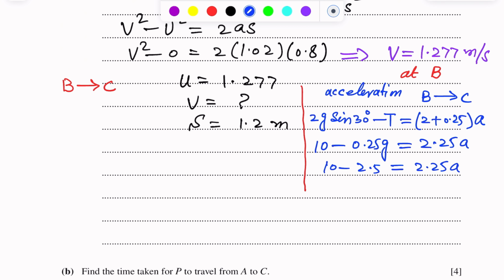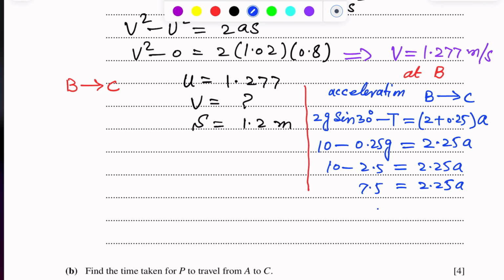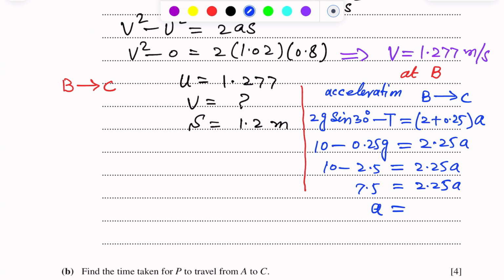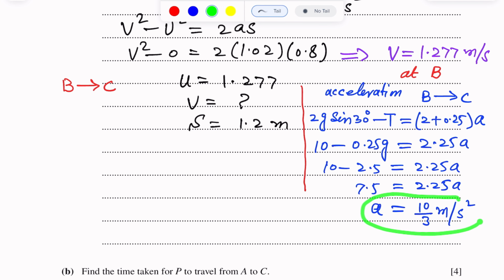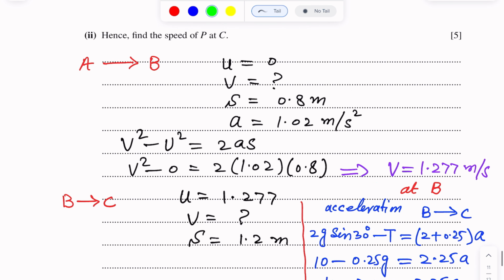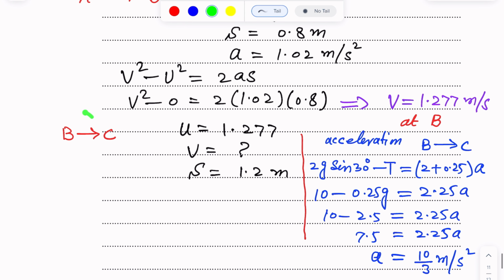From here we get the value of acceleration, that is 7.5 over 2.25, we get 10 over 3 meter per second squared. This is the acceleration of the particle P from B to C.